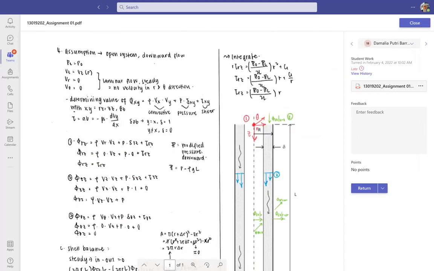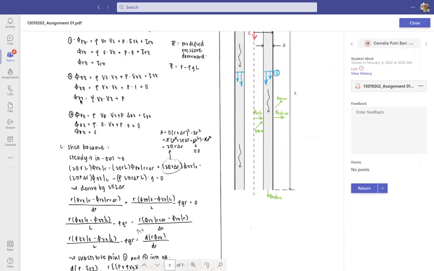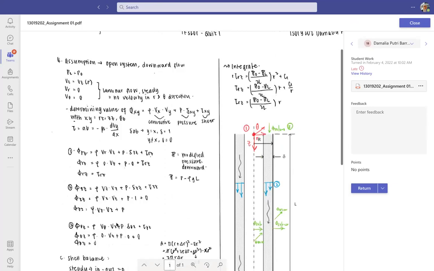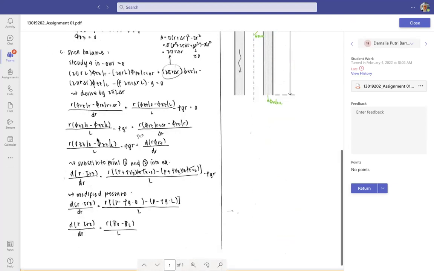So how about this one? Let me check the shell balance. Again, you need to make sure, because this is an open system, right? So PL equals P0, then you don't need to write the P over here, because this cancels out.